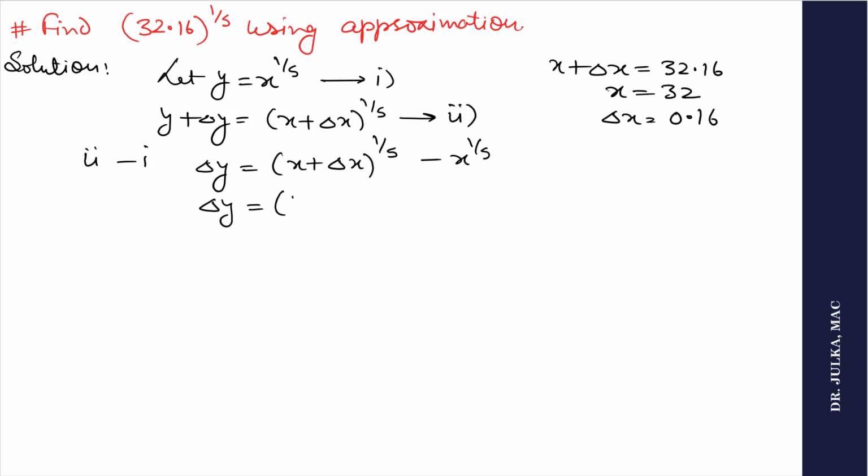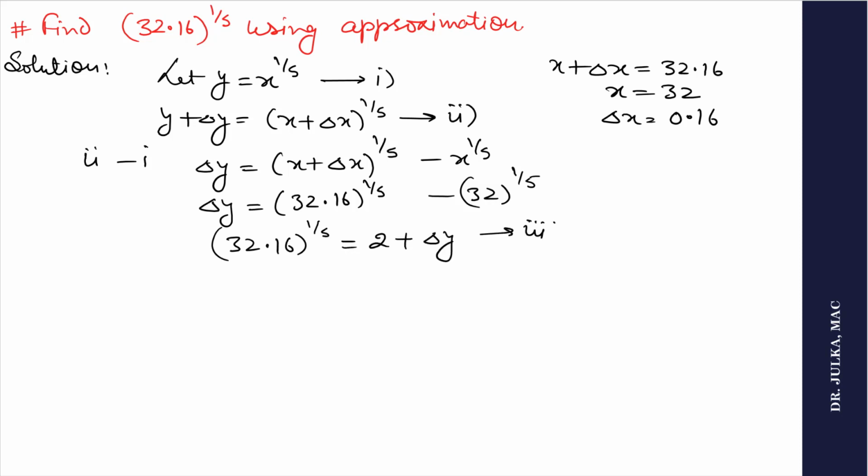Put the value of x plus delta x and x and we will get delta y equals 32.16 raised to the power 1 by 5 minus 32 raised to the power 1 by 5. So 32.16 raised to the power 1 by 5 equals 2 plus delta y. Now delta y is dy by dx into delta x. y is given as x raised to the power 1 by 5. So the derivative of this is 1 by 5 x raised to the power 4 by 5.